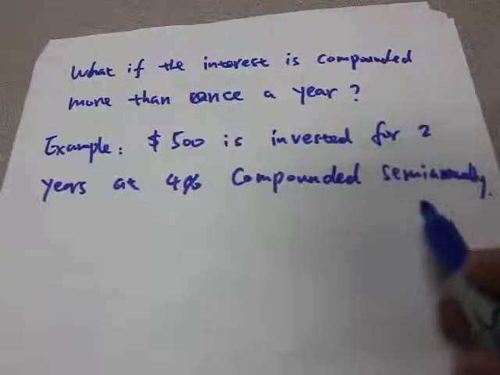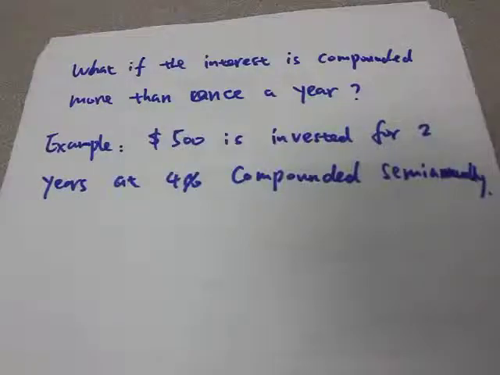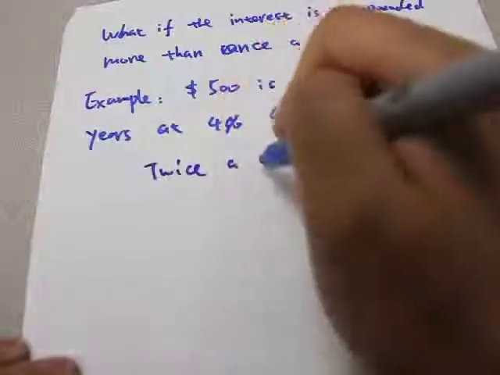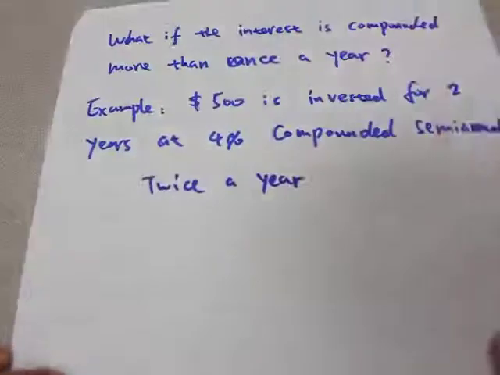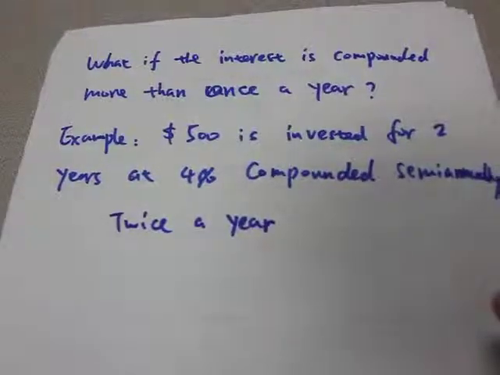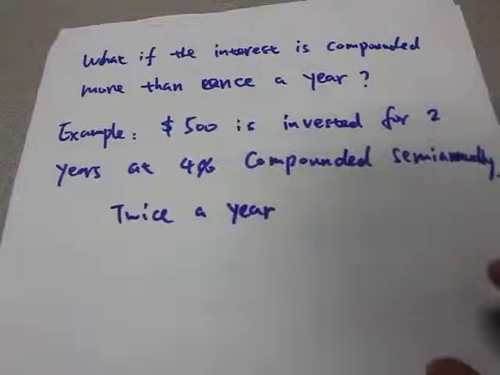Okay, now semi-annually means the interest is paid twice a year. Therefore, for 2 years, the interest will be paid 4 times.